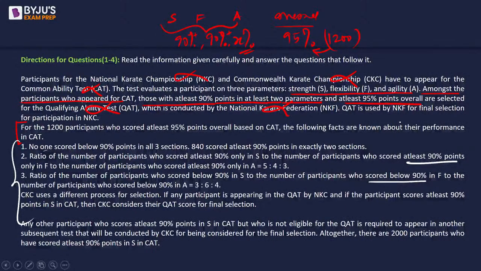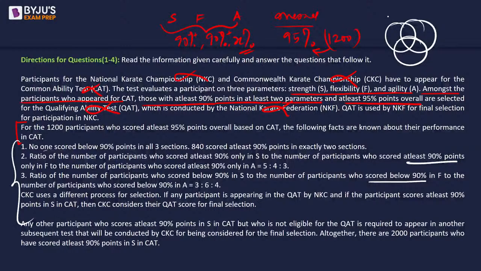So we have got a combination of the parameters along with at least 90% or less than 90%, section wise. So if you want to denote it, the best way to denote this is using a Venn diagram.